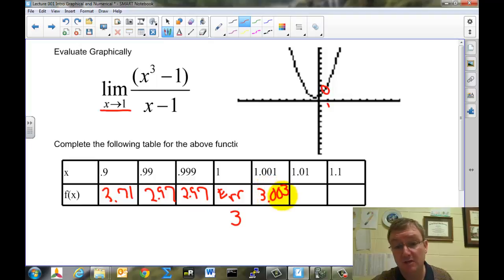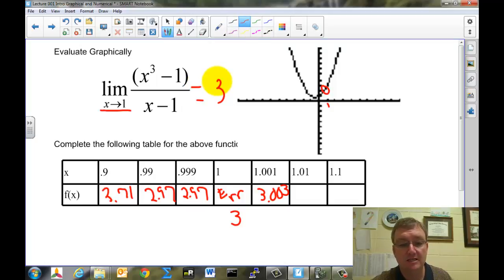But it looks like whether we're from the right of the function moving down, or if we're to the left of the function, right here, moving up, we're approaching the number 3. So we can conclude from that that the limit is 3.